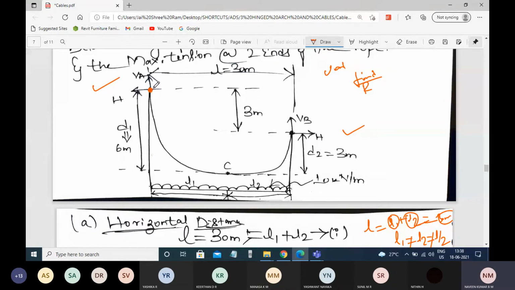Which forces have to be considered about A? So this is point A. VB is one particular force, a vertical force. H is a horizontal force, and again the UDL is one particular force.